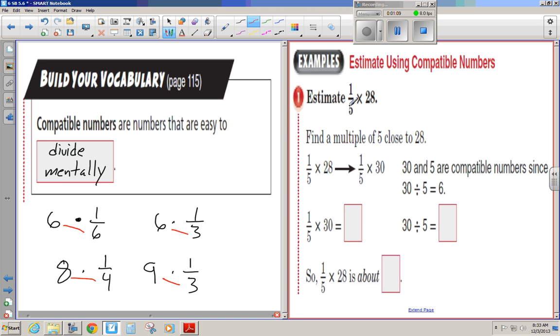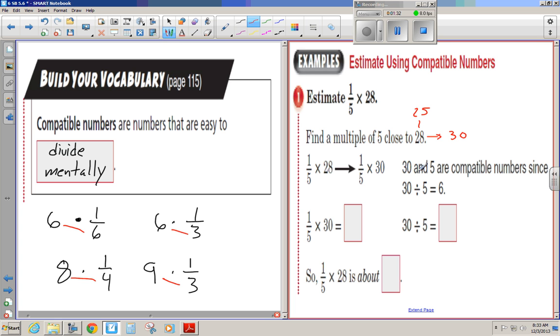So when we're estimating 1/5 times 28, find a multiple of 5 close to 28. Well, you could use 25 or 30. 30 is closer to 28, so then the way to estimate is to say 1/5 times 30.